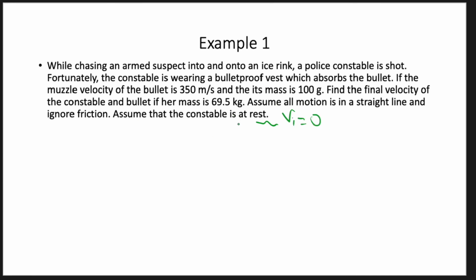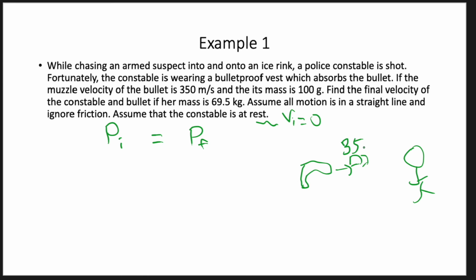So for this problem, you can use conservation of momentum. So pi is equal to pf, right? Think about the scenario. Let's say this is the police constable, here is the gun, and here is the bullet, which has an initial velocity of 350 meters per second. When the bullet hits, the bullet and the police constable can be seen as one object, as a whole.